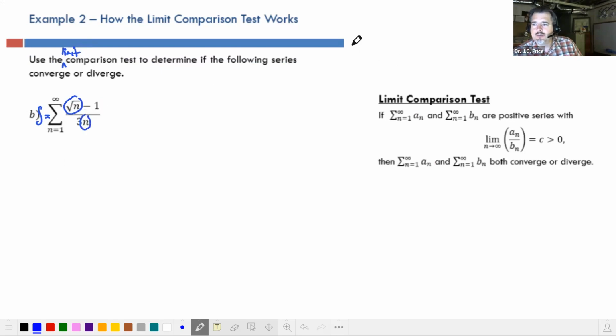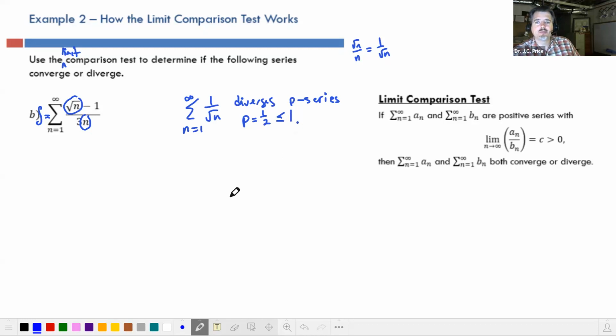So over here, let me just write this square root of n divided by n, which is basically equal to 1 over root n. And so I'm going to compare it to the series, the sum from n equals 1 to infinity of 1 over root n, which actually diverges because it's a P series. And remember, P here is equal to 1/2, the square root, 1/2, which is less than or equal to 1. And so I'm thinking this series is going to diverge too.